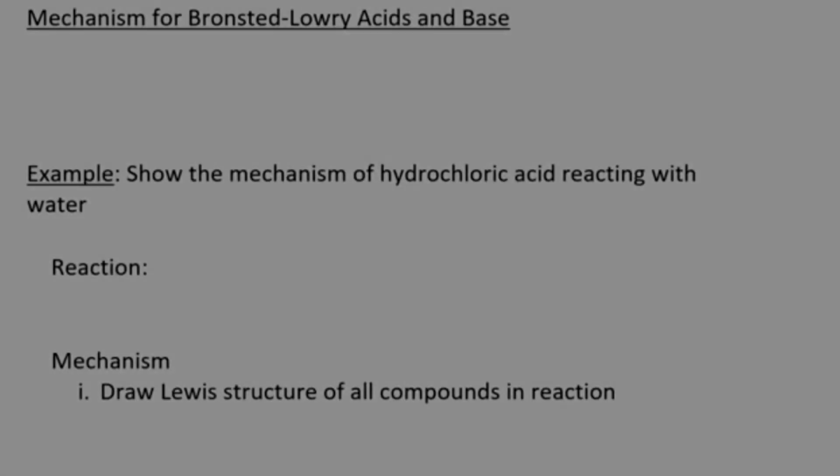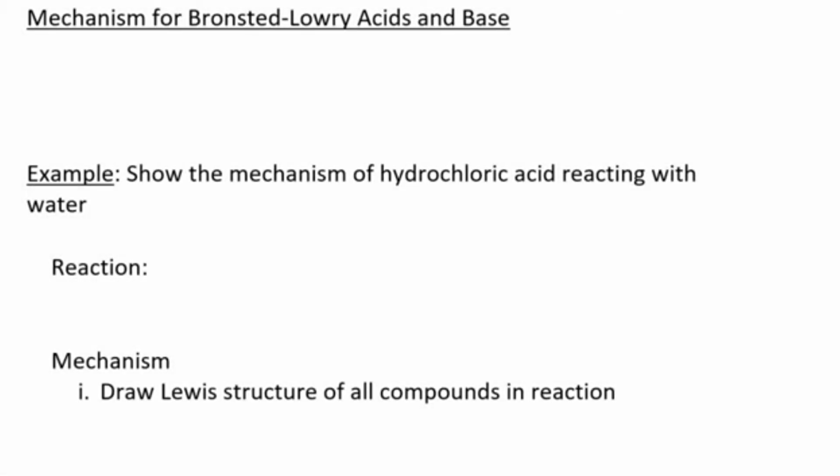Now, in this particular video, we're going to dive into the mechanism for a Bronsted-Lowry acid and base, just a little bit of a refresher from various lessons that you may have come across at school. We know that a Bronsted-Lowry acid is an acid that donates protons, not electrons.